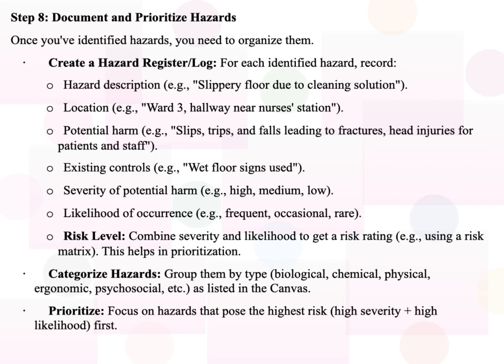This helps in prioritization. Categorize hazards. Group them by type like biological, chemical, physical, ergonomic, psychological, etc., as listed in the canvas. Prioritize. Focus on hazards that pose the highest risk, high severity plus high likelihood, first.